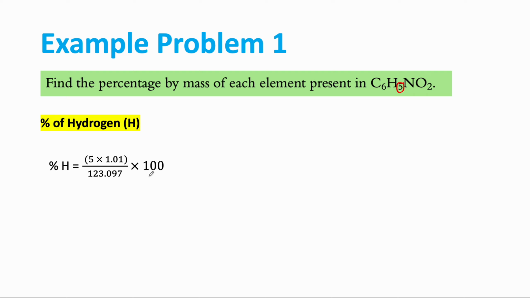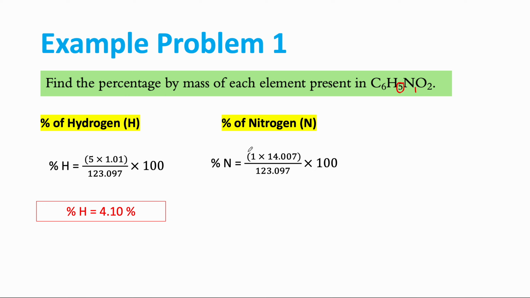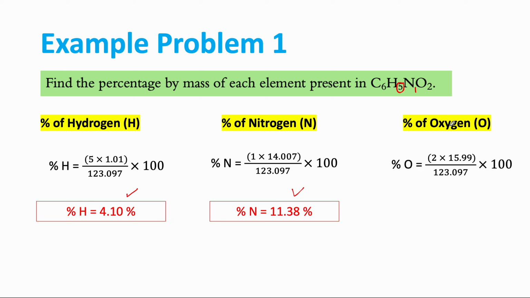Same thing for nitrogen. There's only one nitrogen, times the average weight of one atom of nitrogen over the total mass of the compound, times 100. We get this. And lastly, for oxygen, there are 2 oxygens. So it's 2 times 15.99, the average weight of one atom of oxygen, divided by 123.097 times 100.